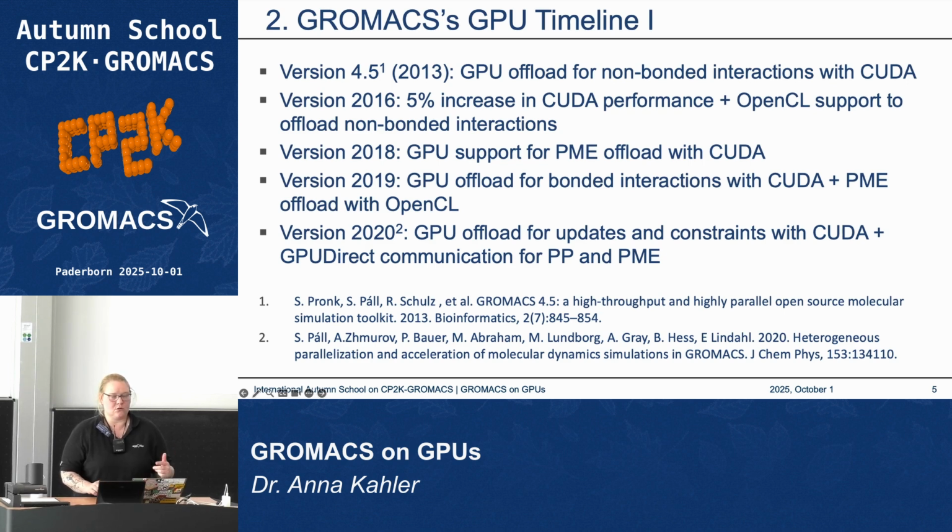GPU direct is also NVIDIA specific. So the GROMACS developers and NVIDIA have a collaboration going on. So each of the improvements in GROMACS you can see is first released on NVIDIA GPUs, which I'm not saying is bad or good, I'm just going to inform you.